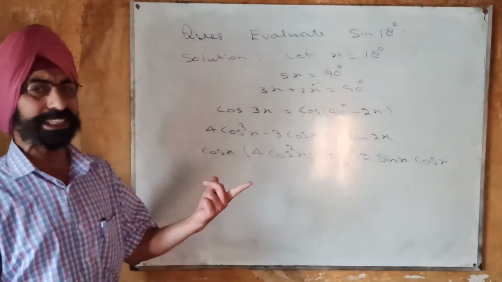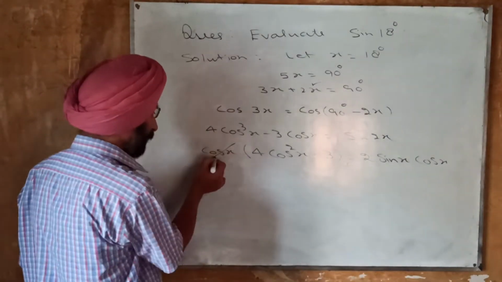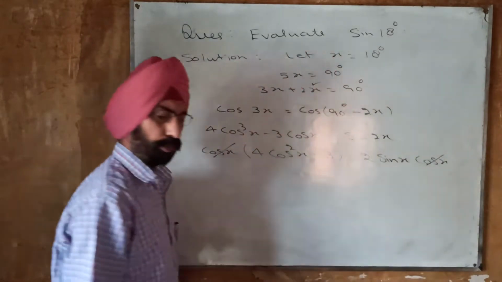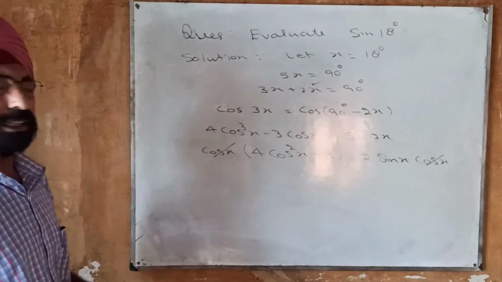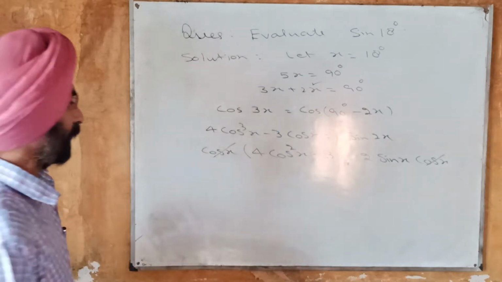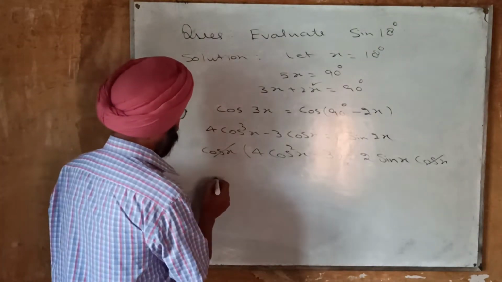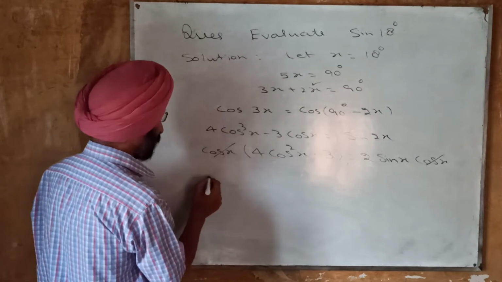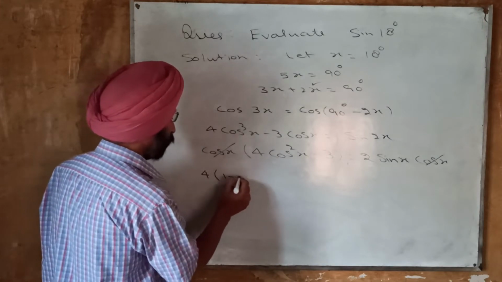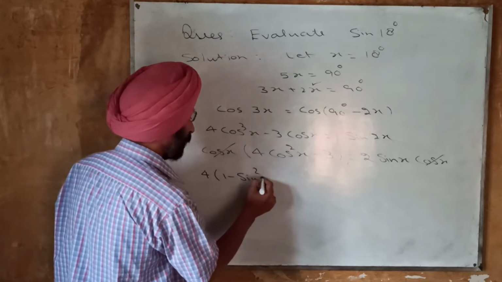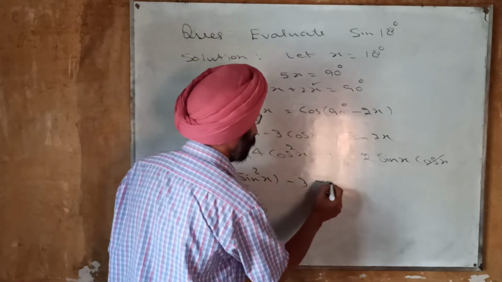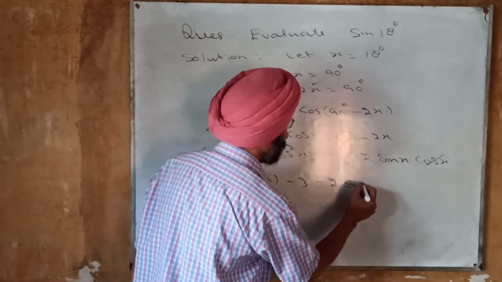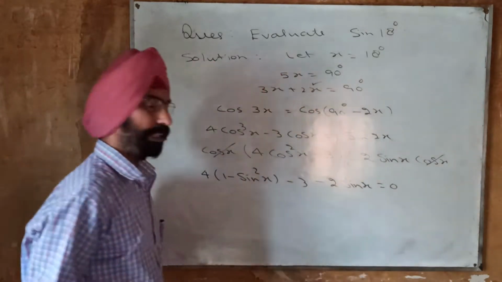Since cos x is not 0, you can cancel cos x from both sides, and take the term 2 sin x from the right hand side to the left hand side. You will get 4 into 1 minus sin square x, this is minus 3, and this term to the left hand side will become minus 2 sin x is equal to 0.